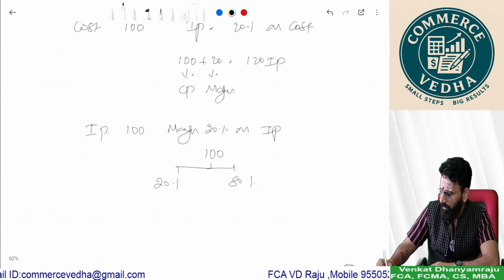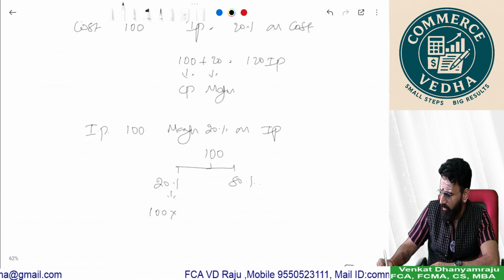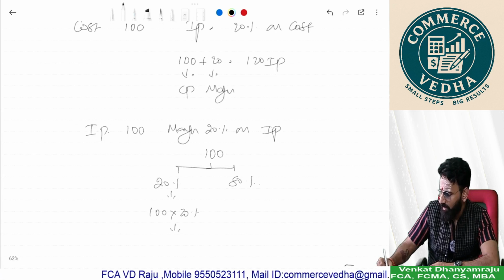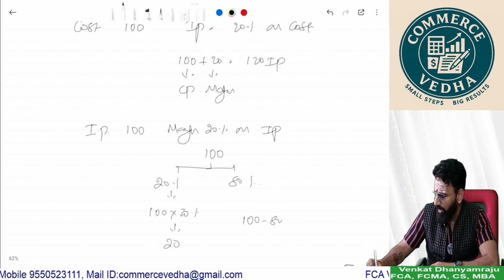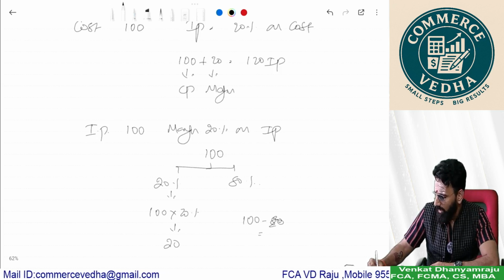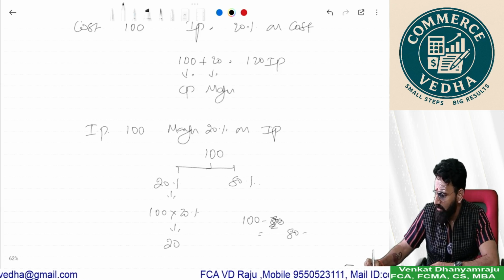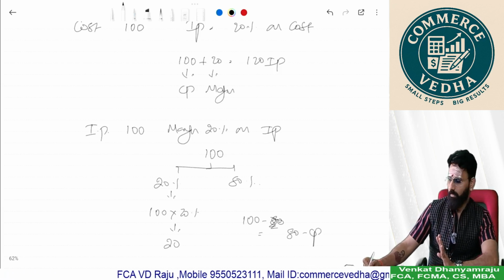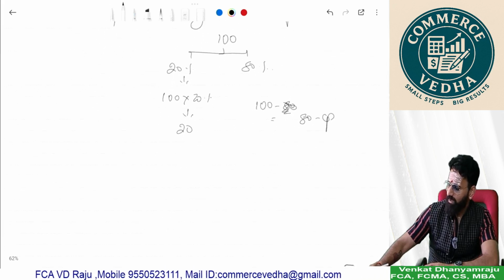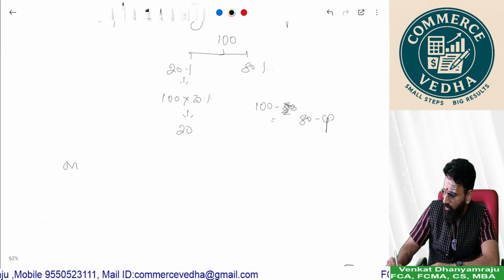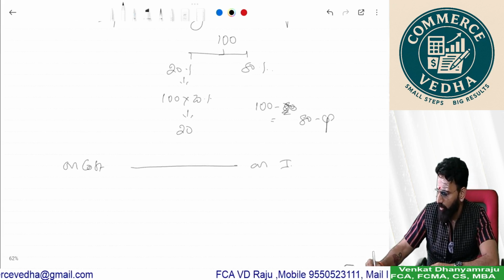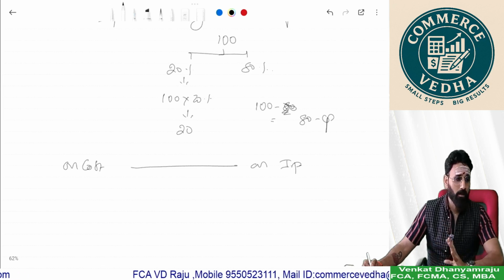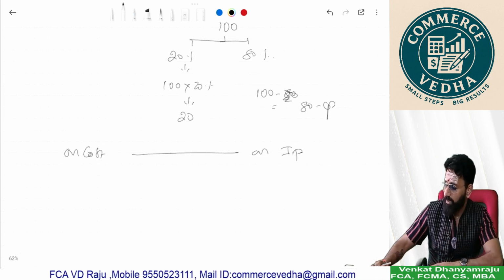So the margin is 100 into 20%, 20, and invoice price minus margin is cost price. So directly what they said, it can be on cost or it can be on invoice price. But sometimes the question may say differently.